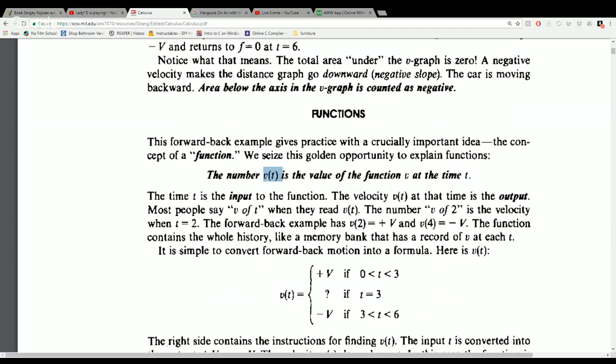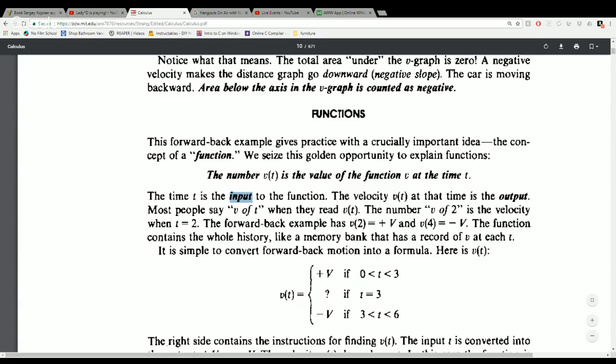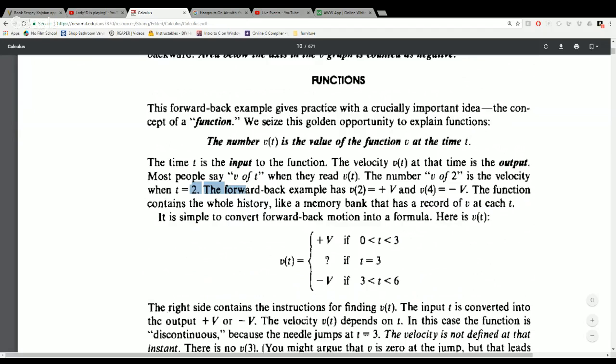And out comes a number, and we call that number v of t. Okay, t is the input into our function. The velocity at that time is the output of that function. Most people say v of t when they read this v parentheses t. The number v of 2 is the velocity when t equals 2. Okay, so this should be relatively clear.